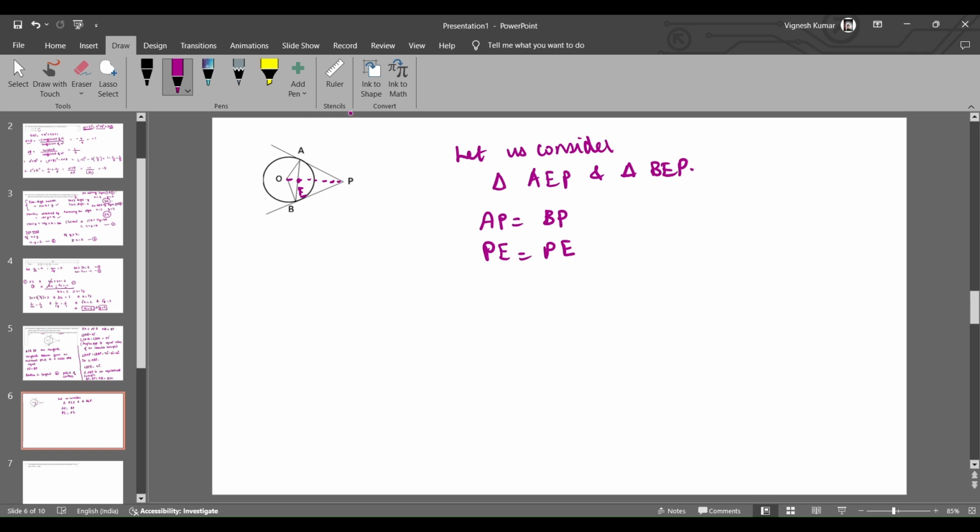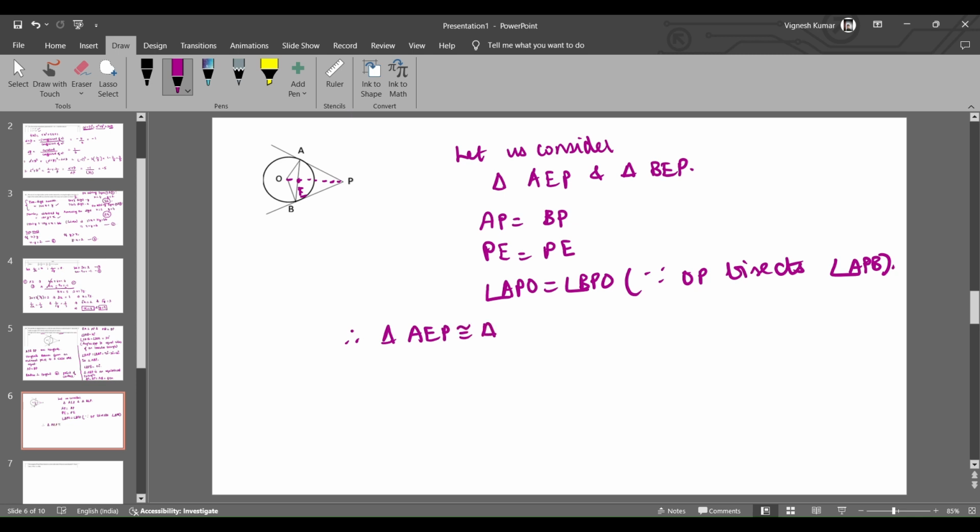Also we have angle APO is equal to angle BPO, since OP bisects angle APB. Therefore, triangle AEP is congruent to triangle BEP by SAS congruence.